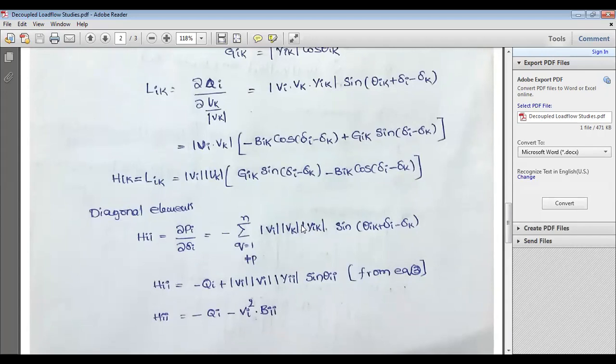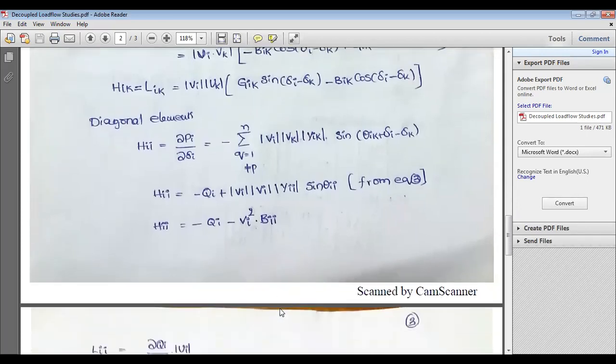So dou Pi by dou delta i is equal to that one. I don't want to discuss these partial derivatives. You people have to do this. Everything I have written here, right? So please note down hii.